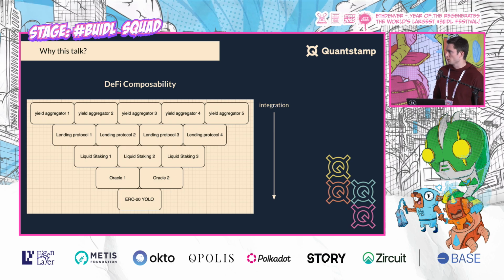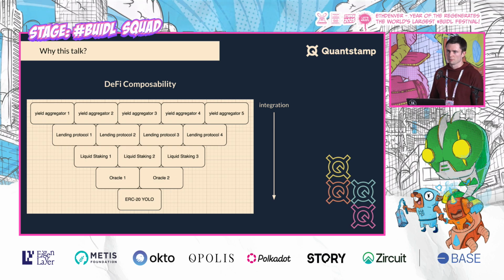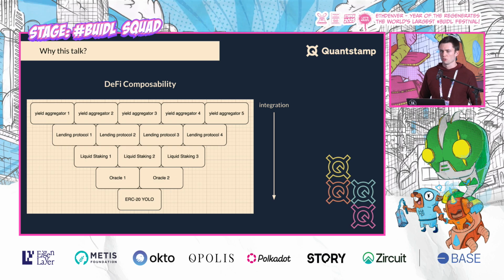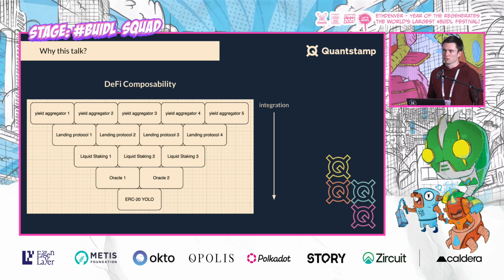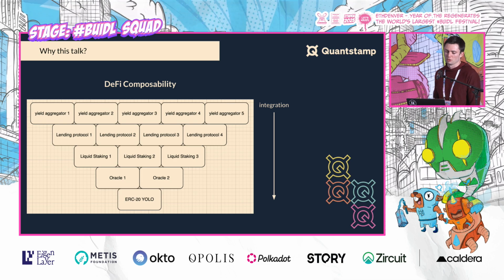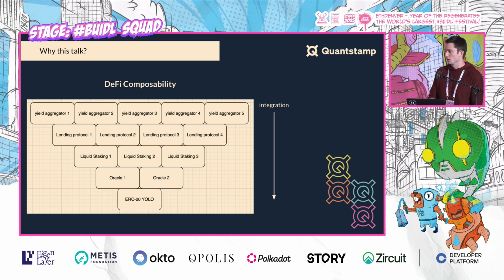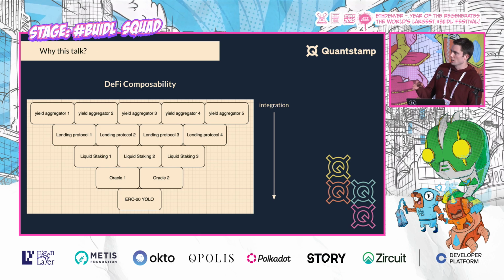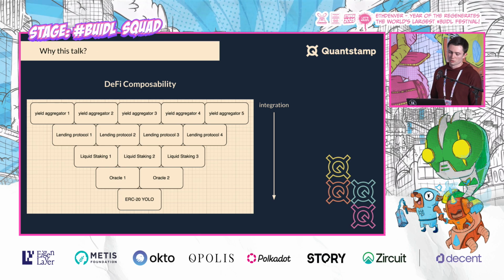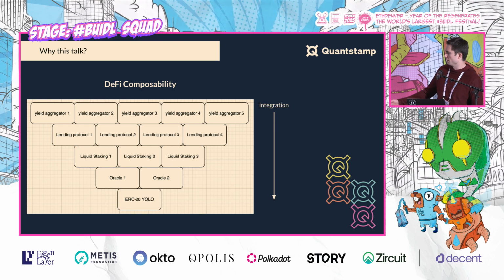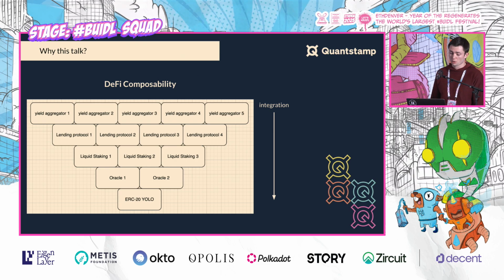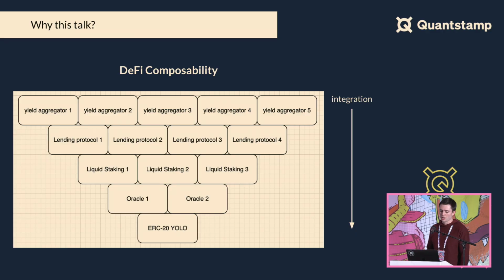So first things first, we need to cover DeFi composability. We can think of DeFi as a bunch of money Lego blocks where each aspect of DeFi can build on top of each other. So in this chart here, everything on top integrates with the thing beneath it. If we go all the way to the bottom, we have an ERC20 token called YOLO, and on top of that, we have oracles that pull the price for this YOLO token.